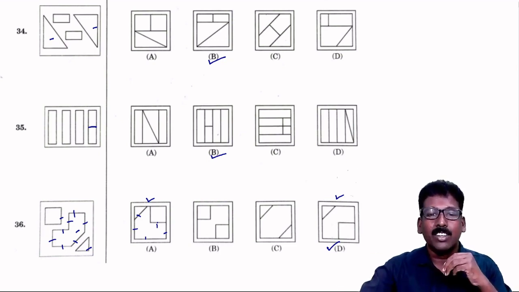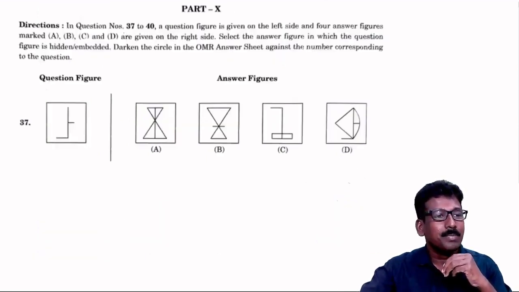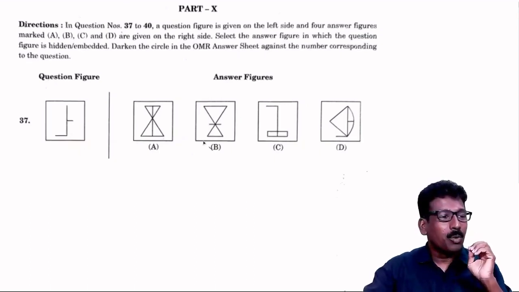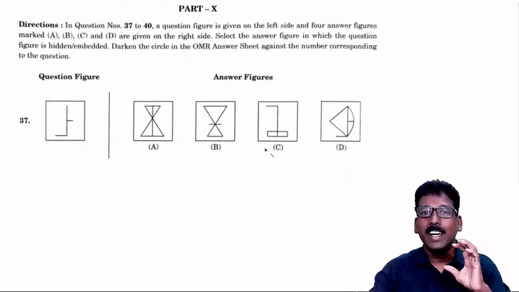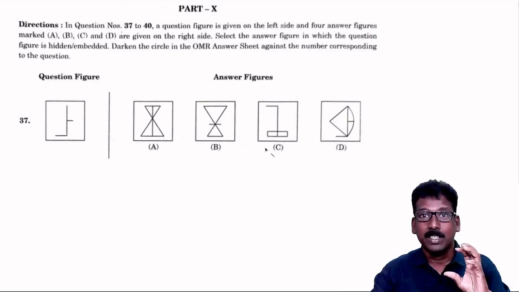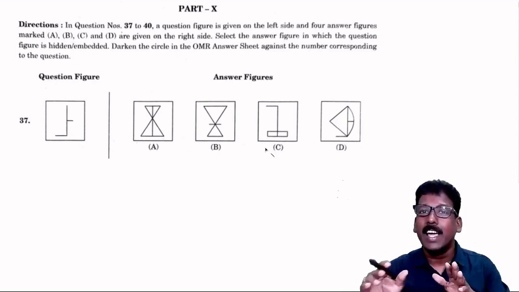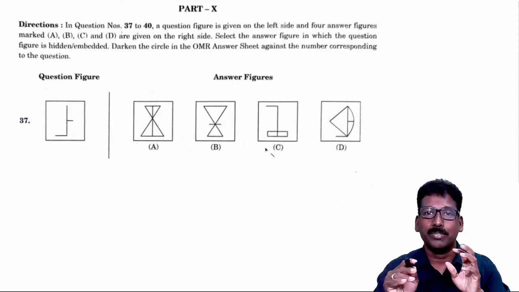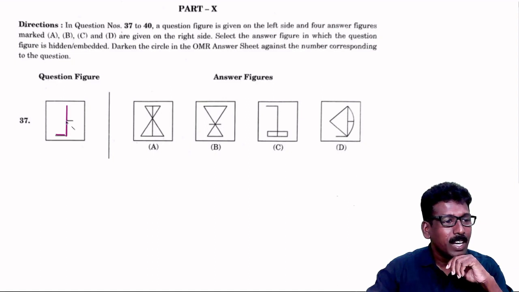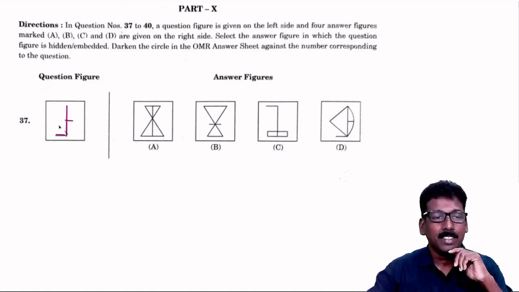Now look at the last part, that is part 10. Here a question figure is given. That figure is there in the answer figure, that particular portion is embedded in the answer figure. That you have to find out. Here you can see, yes, it is a mirror image of L, we can say, and one cutting is there.